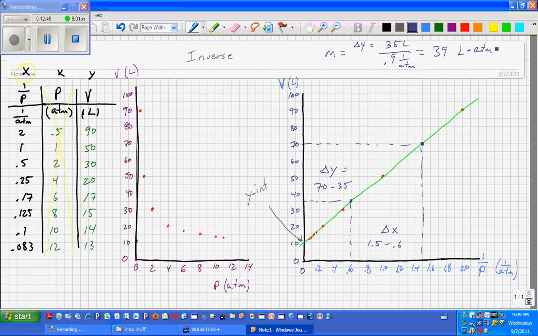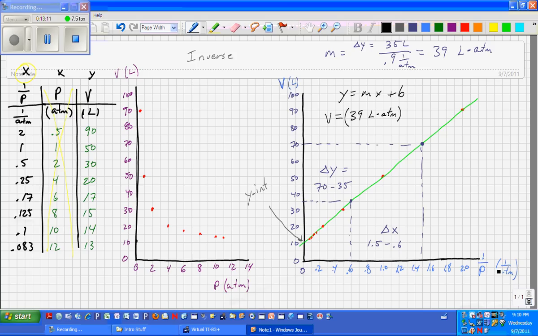So the equation for this line in y equals mx plus b form: y, which is volume, is going to be equal to my slope, which is 39 liters times atmospheres. I need the units with that.